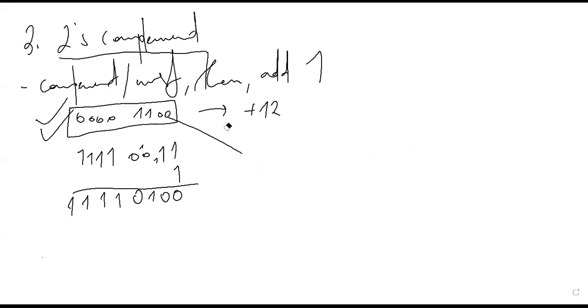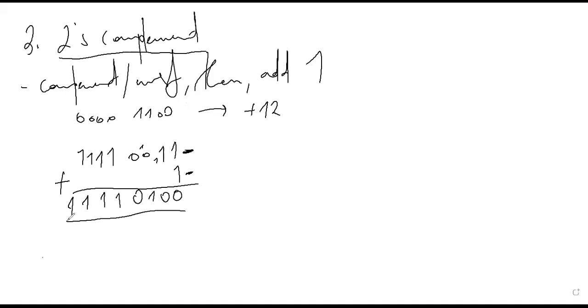How do you find the 2's complement of a given binary number? 1, complement or invert all the bits. We have complemented here. 2, add 1. We've added a 1 here. The solution we get is the 2's complement.